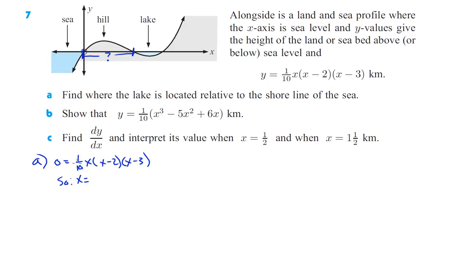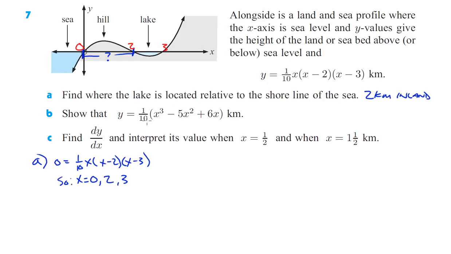So 1/10 of 0 would work. 2 minus 2 would give us 0, and so would 3 minus 3. So the 3 x-intercepts are at 0, at 2, and at 3. So that means the lake is located 2 kilometers inland, right?